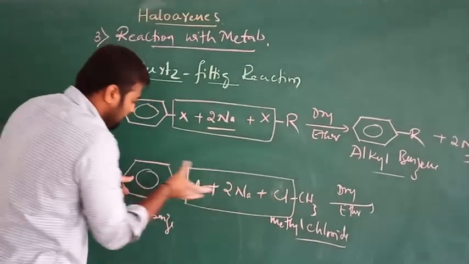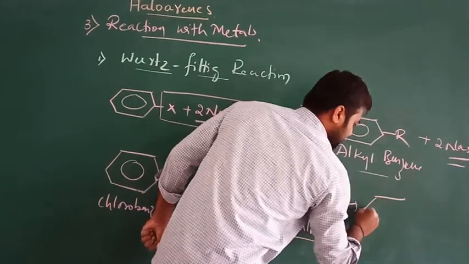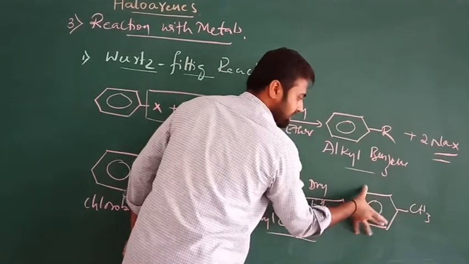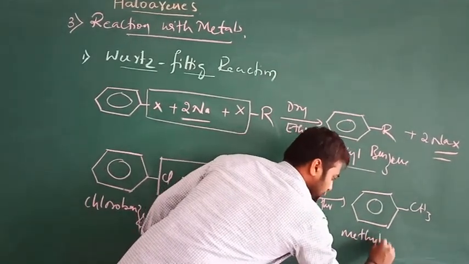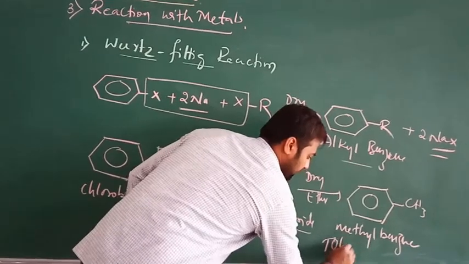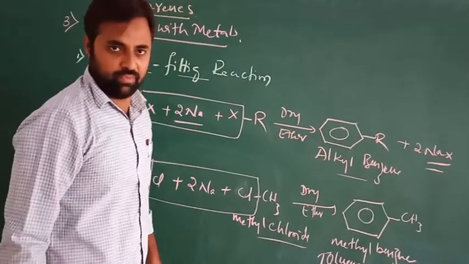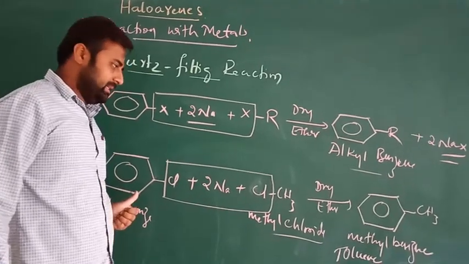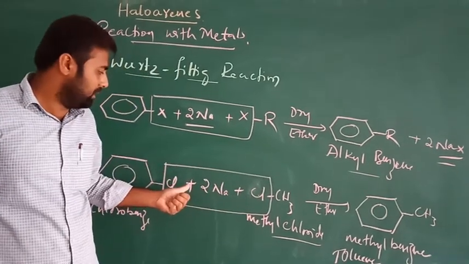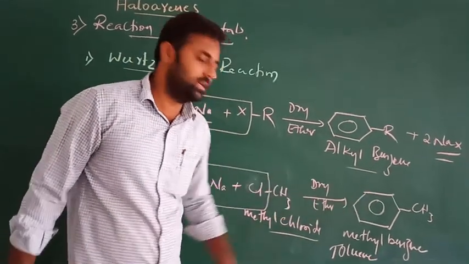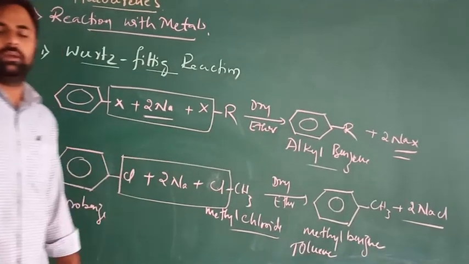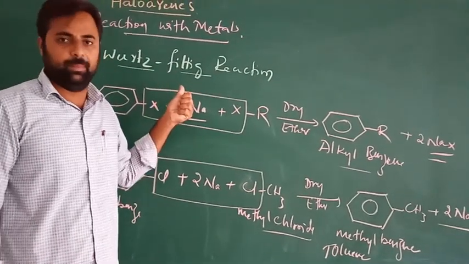When this methyl combines with benzene, which alkyl benzene do we get? Methyl benzene, or the name of this compound, toluene. Toluene is formed when one molecule of chlorobenzene reacts with one molecule of methyl chloride with sodium metal in dry ether, which gives methyl benzene plus 2NaCl. This is called the Wurtz-Fittig reaction. Very important.